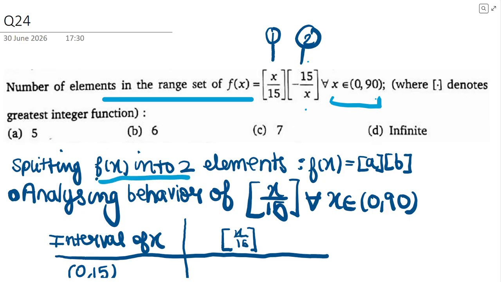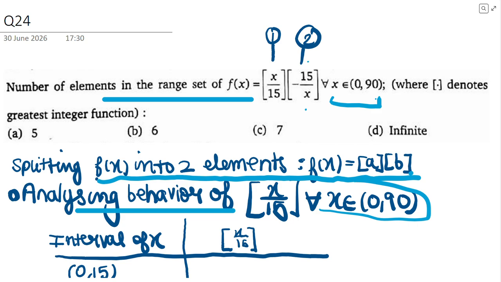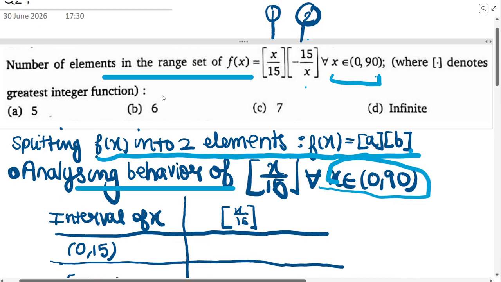So we are splitting the function into two elements, f(x) as greatest integer of a times greatest integer of b, and analyzing the behavior of x by 15 for all values of x belonging from 0 till 90, right? Okay. So now let's check how it is behaving.